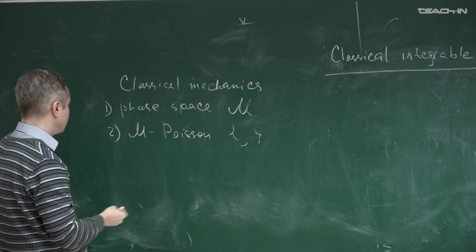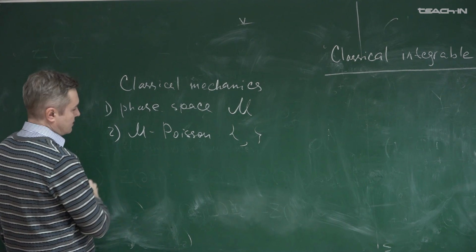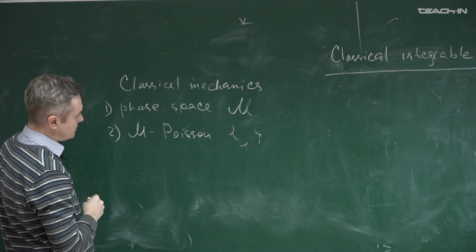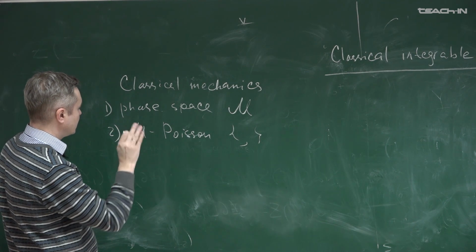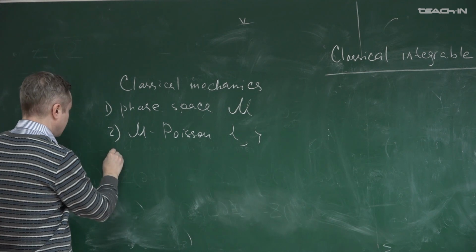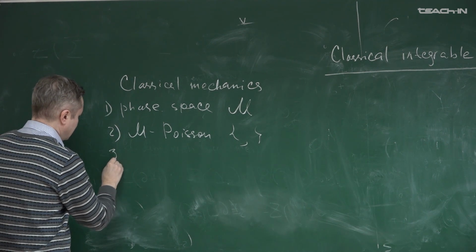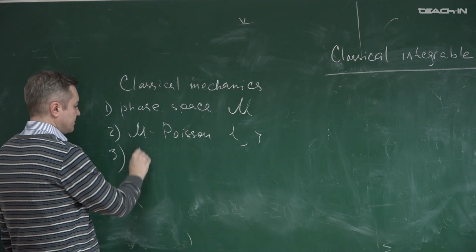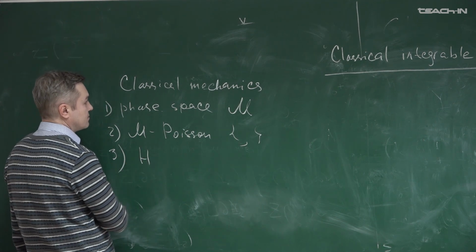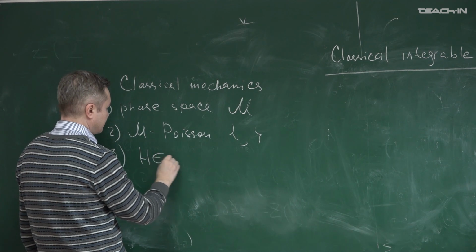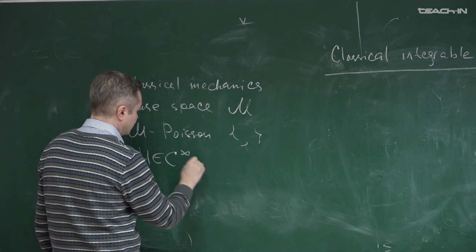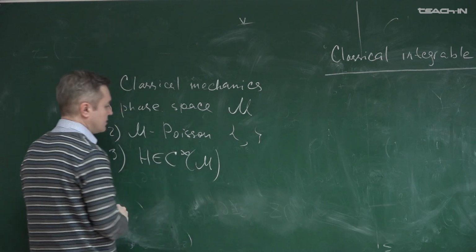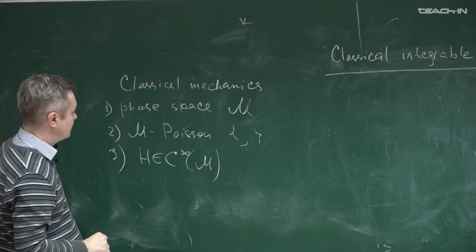And it is important, of course, to have Poisson brackets. We'll give some examples just in a few minutes. And finally, we need to define the Hamiltonian function. It's some smooth function on this phase space.